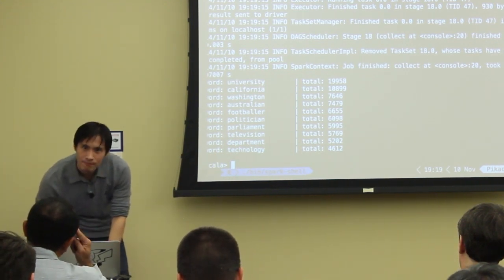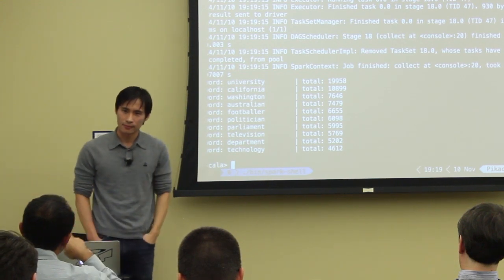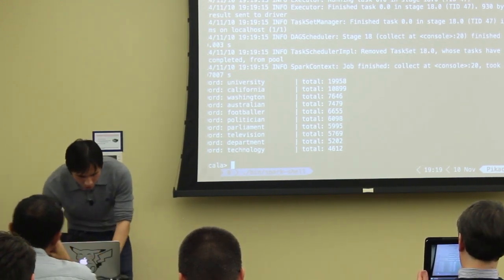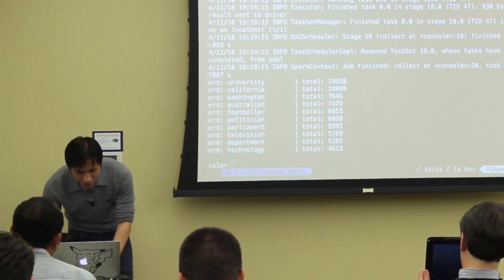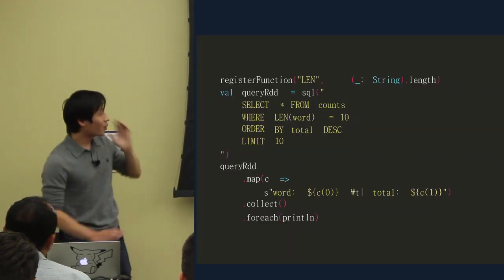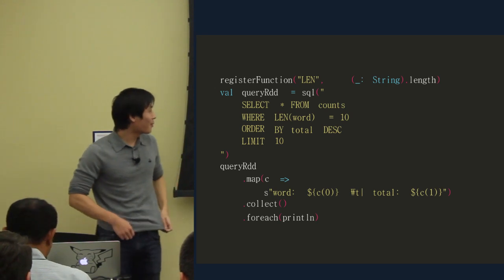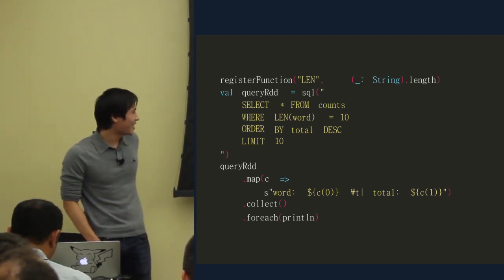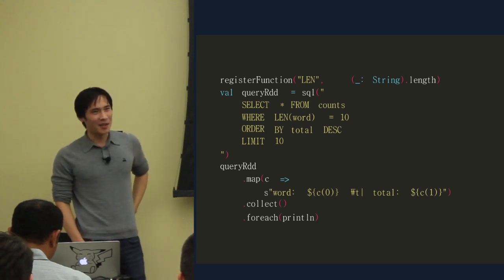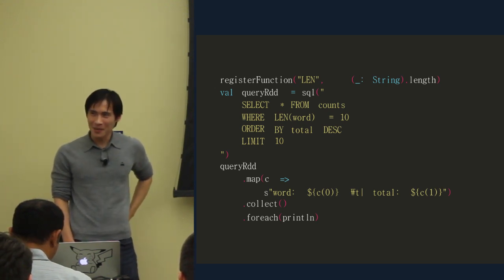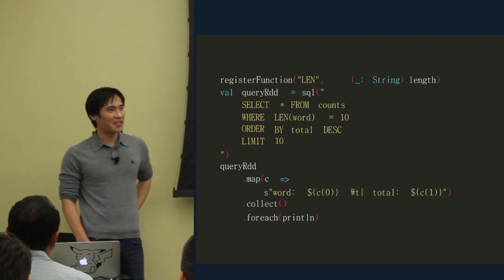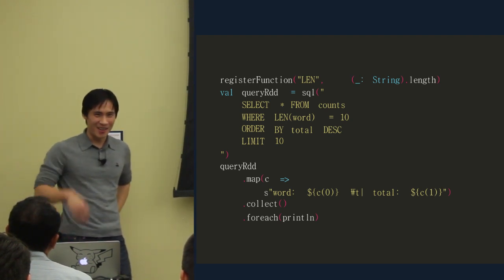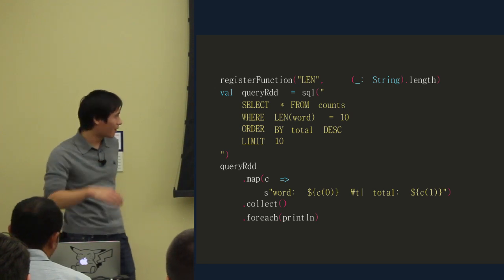So one question is, for each, does it do that in parallel or is it sequential? Good question. So let me go back. That's actually a good distinction. One of the things you'll run into initially with Spark is that Spark's API is so similar to the Scala Collections API that sometimes you accidentally start running huge computations on your main driver instead of parallelizing them.